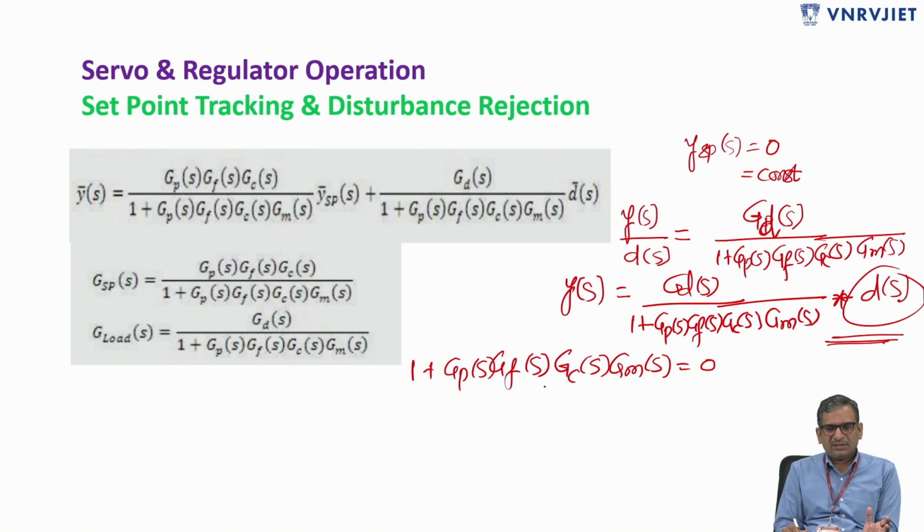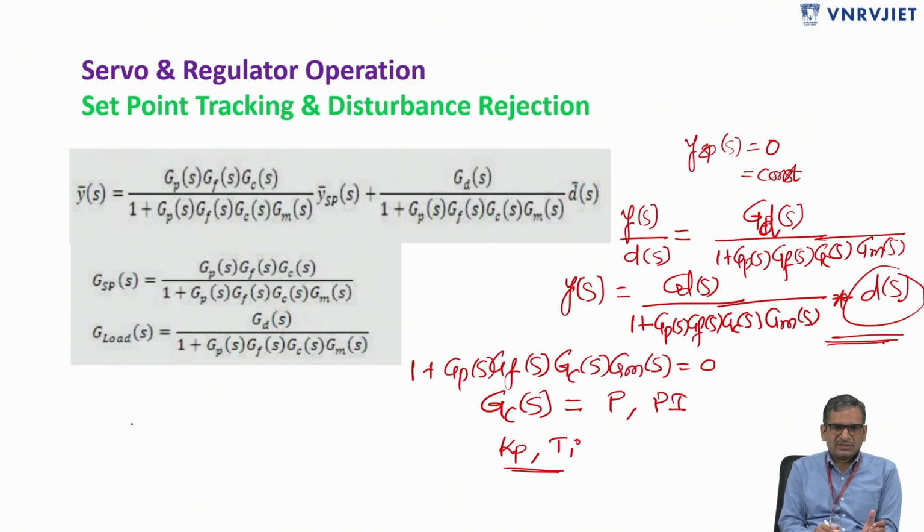Gf(s), the final control element gain, is constant. Gp(s), the process gain, is constant. So the operator or design engineer has a choice to change Gc(s), that is the selection of either a P controller or a PI controller, and the most important thing, what should be the value of proportional gain or integral time. This is very crucial to minimize the effect of disturbance.